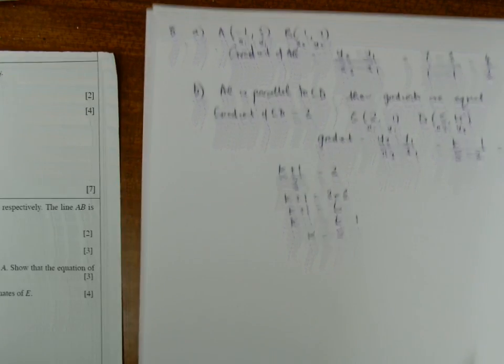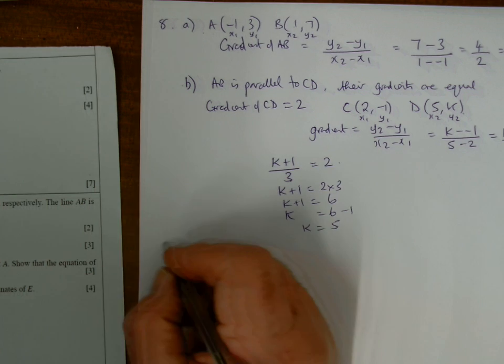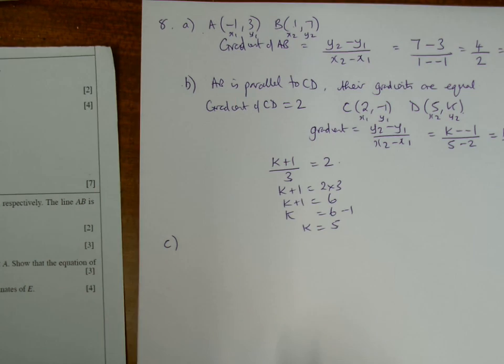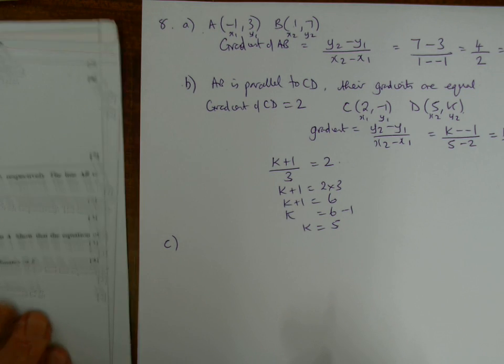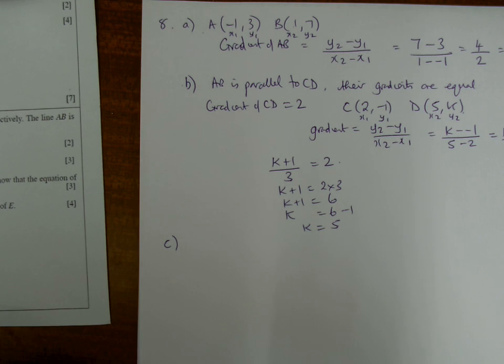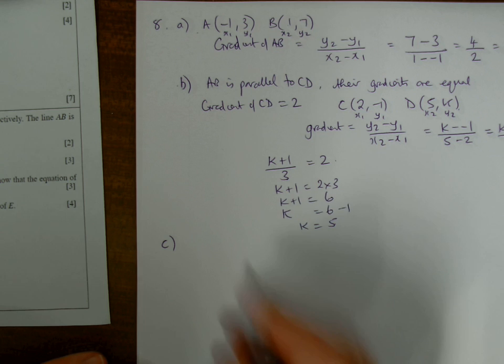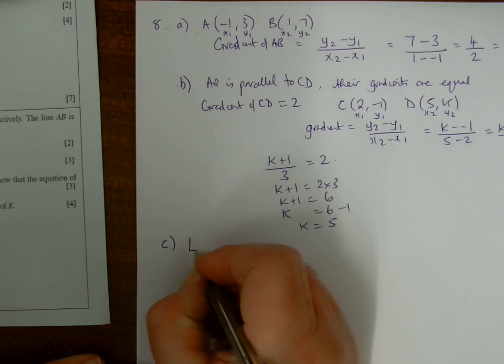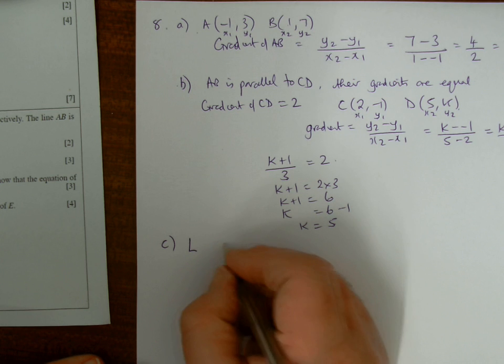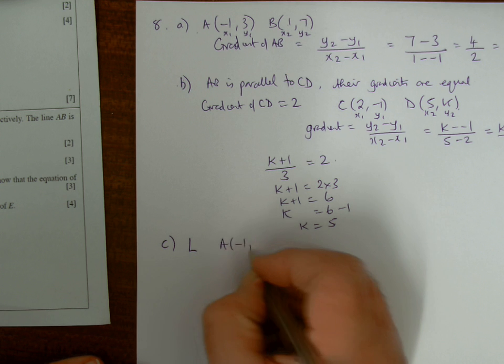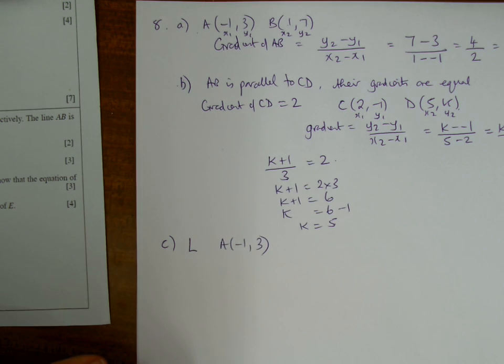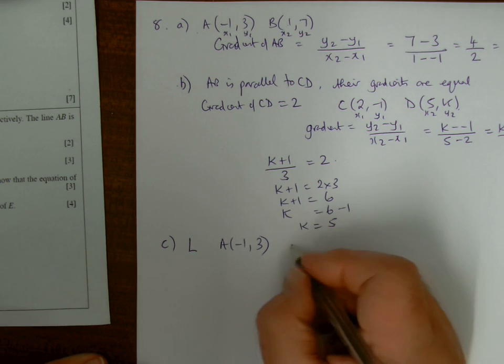Okay, part C tells me the line L is perpendicular to CD and passes through A. So the line L passes through A, so it goes through the point (-1, 3), and it's perpendicular to CD.